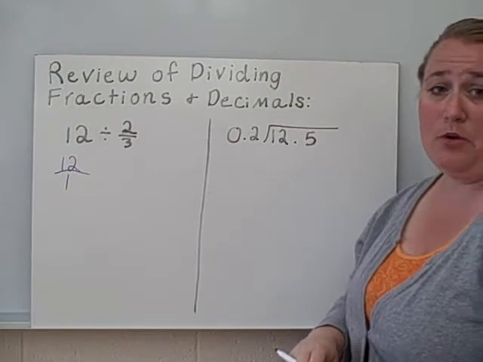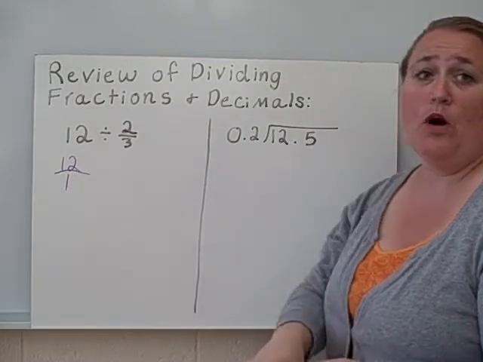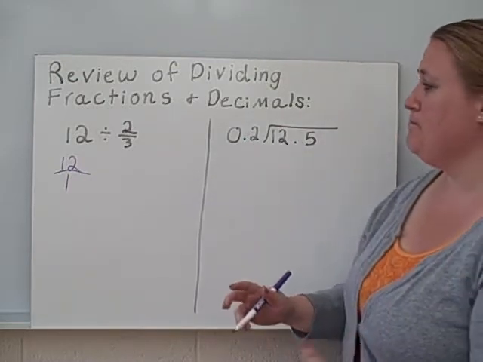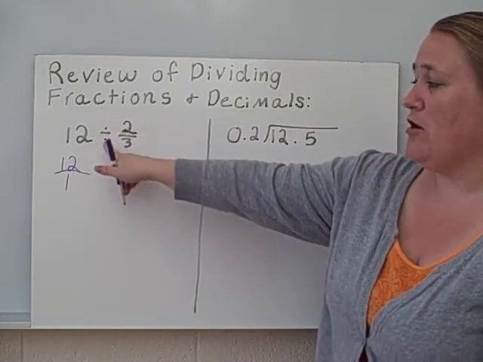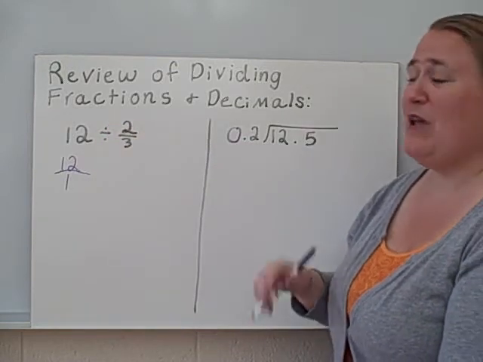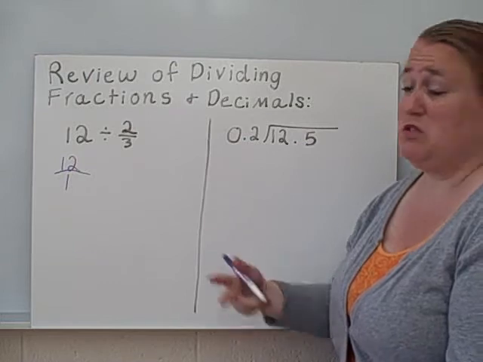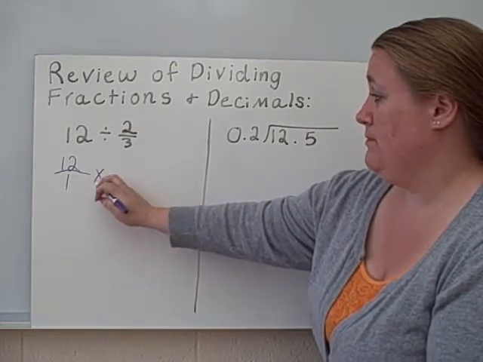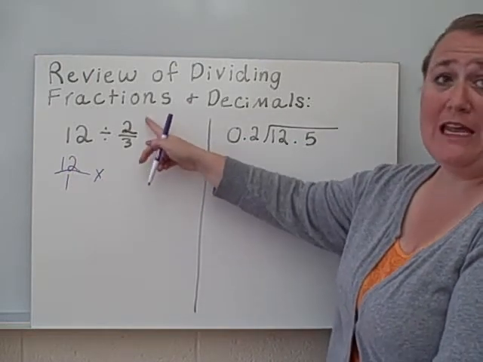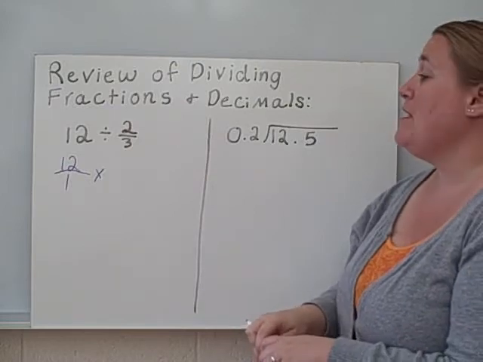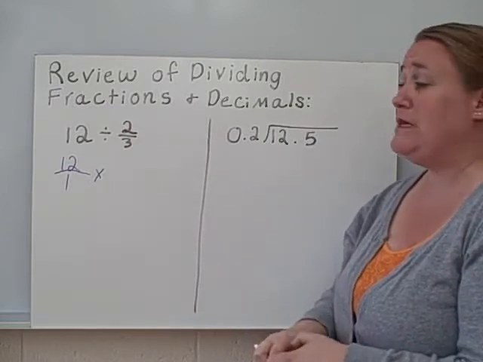Remember, any whole number can be written over the number 1 and it doesn't change it. Then we take our dividing sign and change it into multiplication. And then we change or flip the last number, which is the reciprocal.